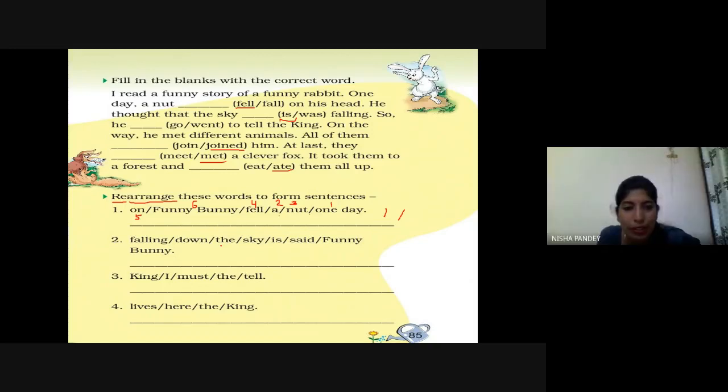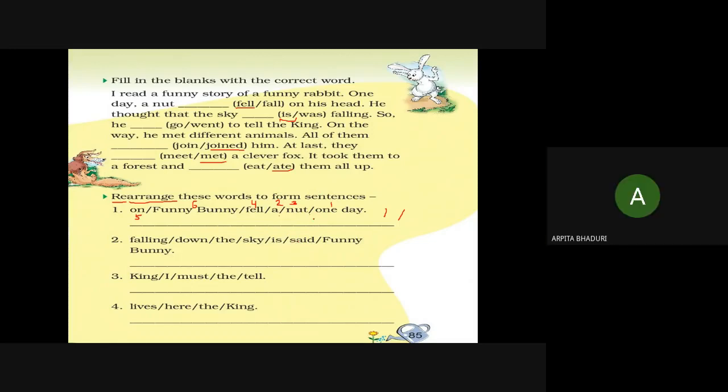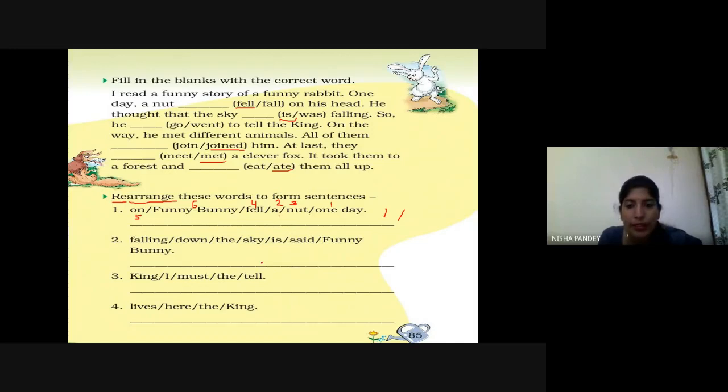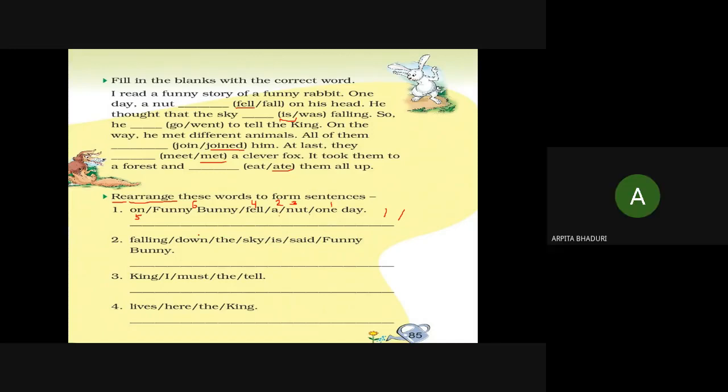That can be, because you can see the first letter is in capital. But the sentence was there in the lesson. Funny Bunny. Yes. Okay. So we can do both, right? The sky is falling down, said Funny Bunny. Or we can also do Funny Bunny said, the sky is falling down.